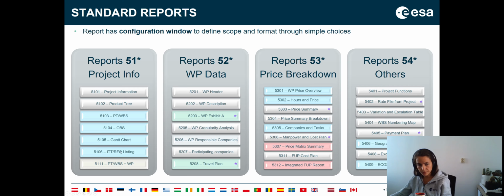Then in blue are good to have, I would say. These are reports that can give you a reasonably good level of information. For example, at project level, you may want to check your product tree, work breakdown structure or your organizational breakdown structure that will be automatically split per boxes.